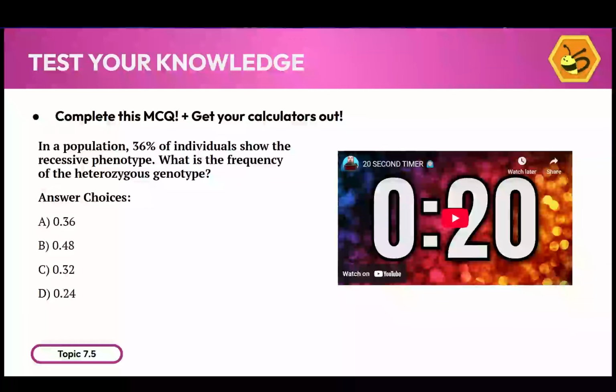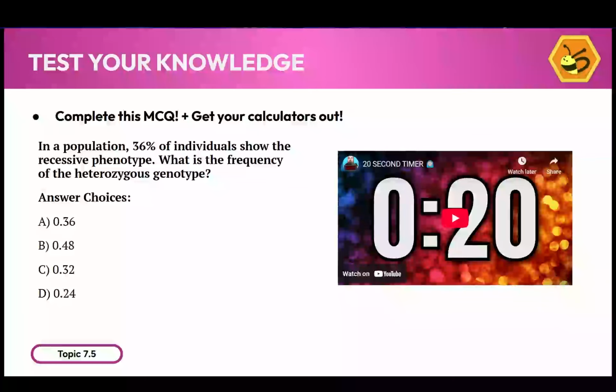How will a question be worded if you start with Q? If it starts with Q squared, then they'll tell you how many recessive individuals there are, for example 20% or 20 out of 100 individuals express the recessive phenotype.